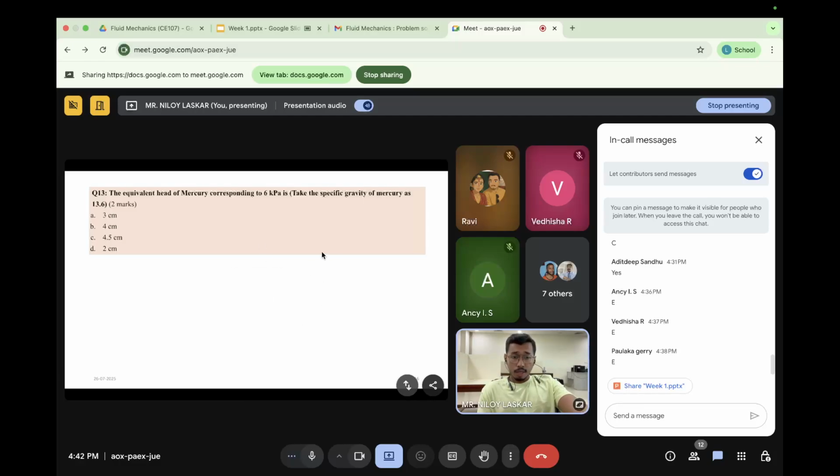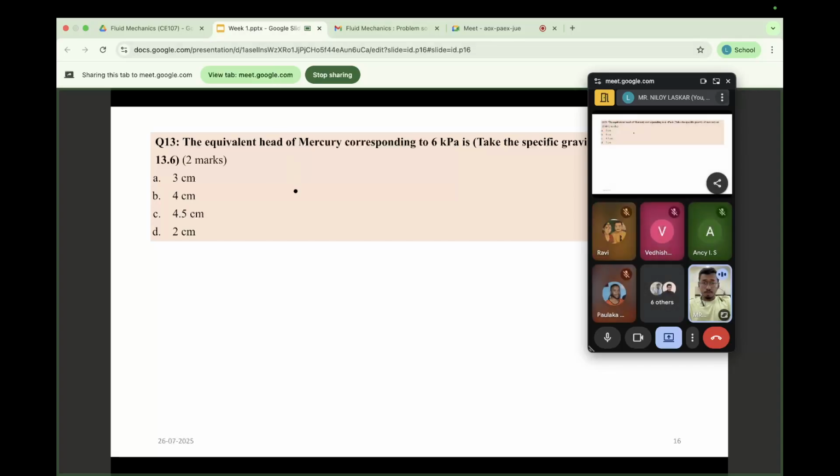I think many of you know this concept of equivalent head. Before answering this, I am explaining about equivalent head, or pressure head, what this thing is.